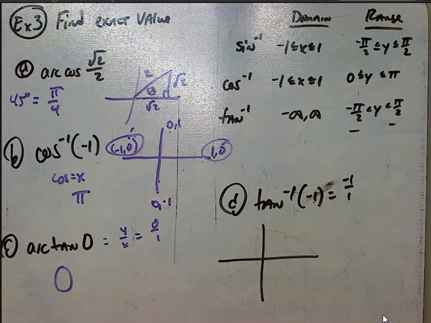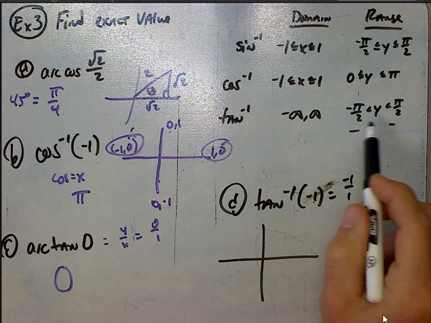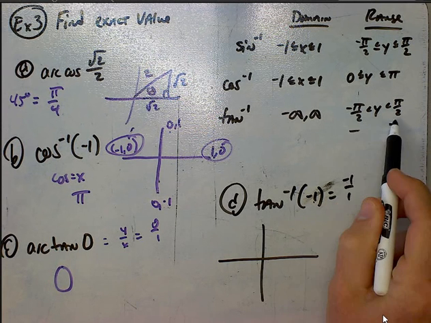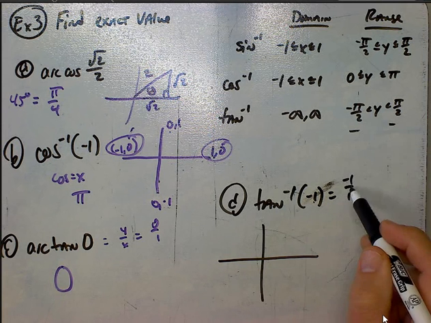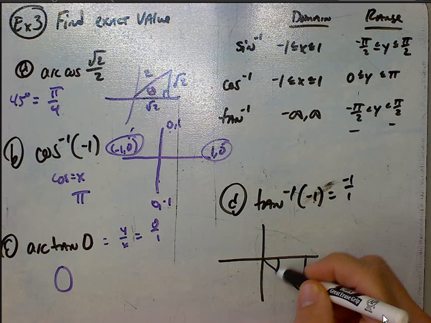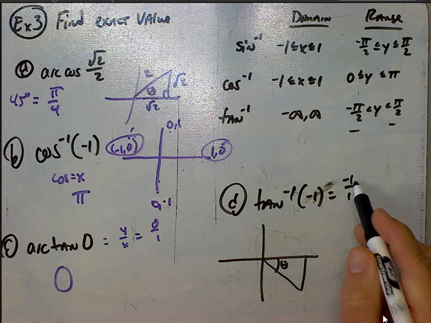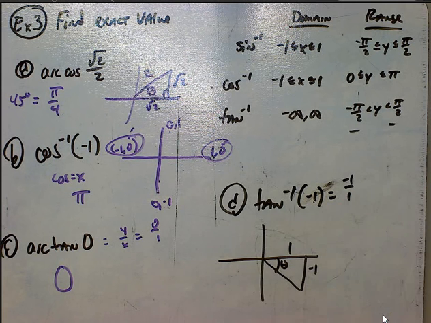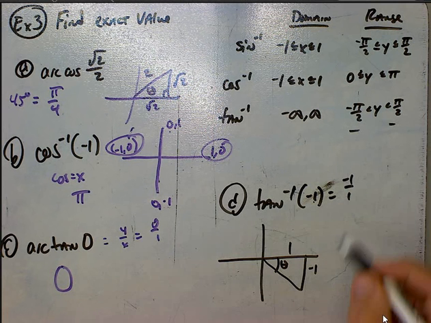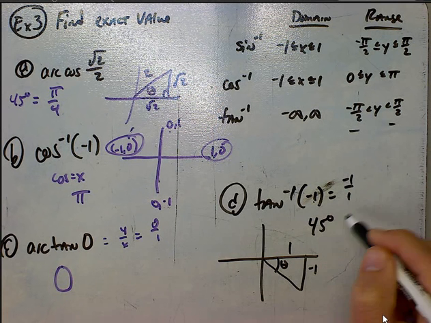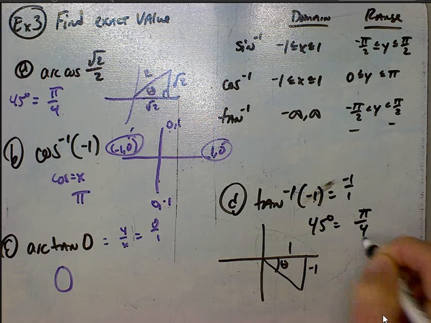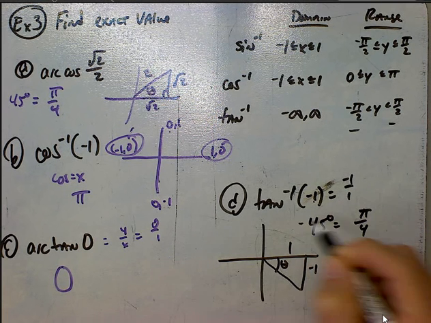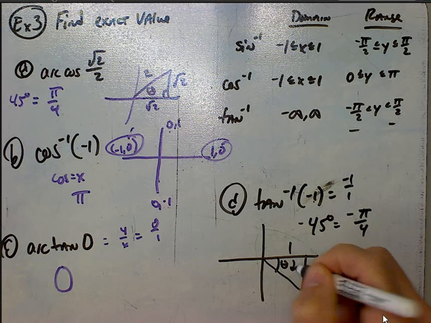The answer has to be somewhere between negative pi over 2 and pi over 2, which means it has to be in quadrant 4 because it's negative. Opposite negative 1, adjacent 1. Since the sides match each other, we know that's 45 degrees, which is pi over 4. I know it's going to be negative because I'm here in quadrant number 4 and I work backwards.